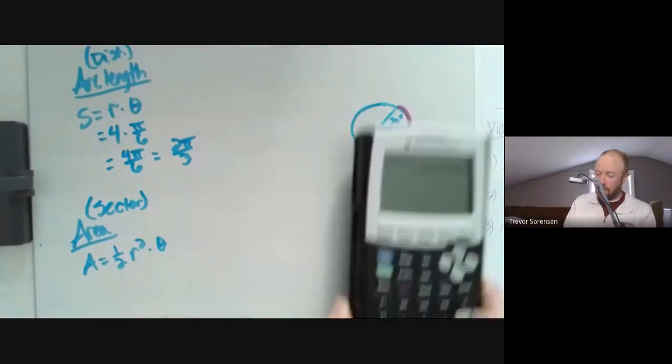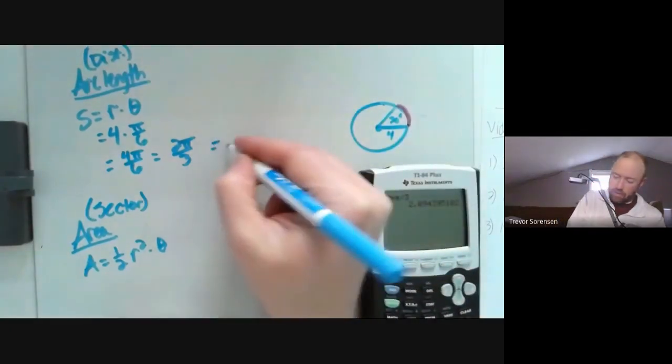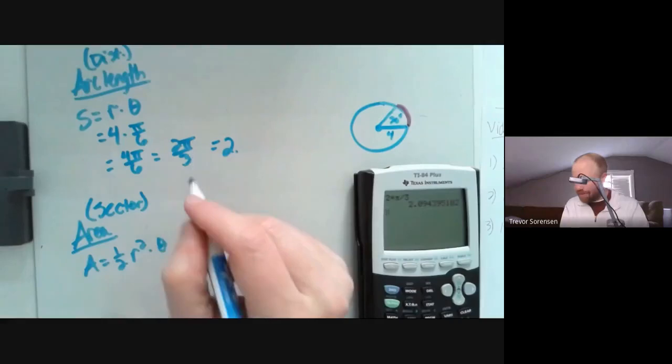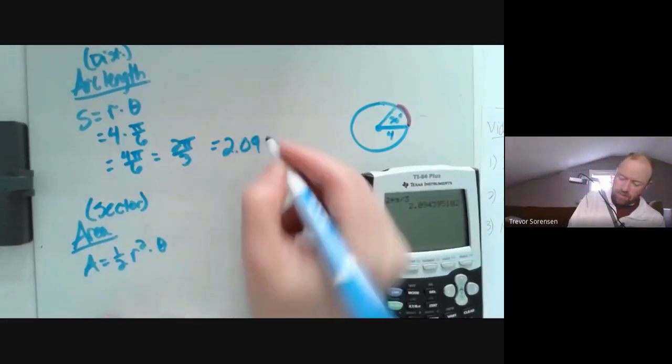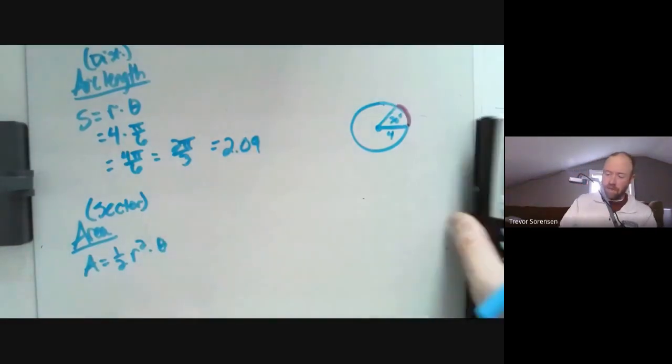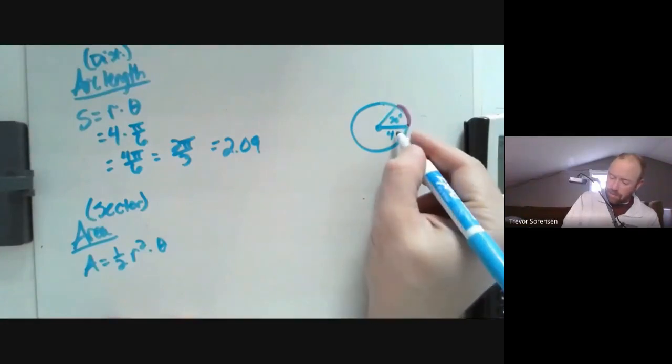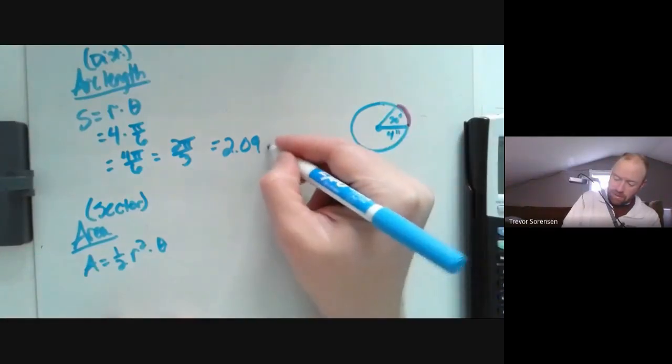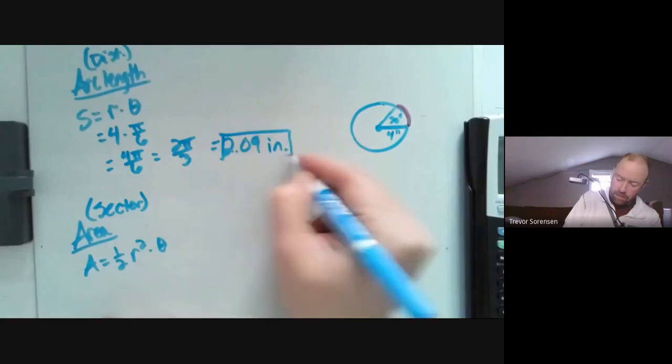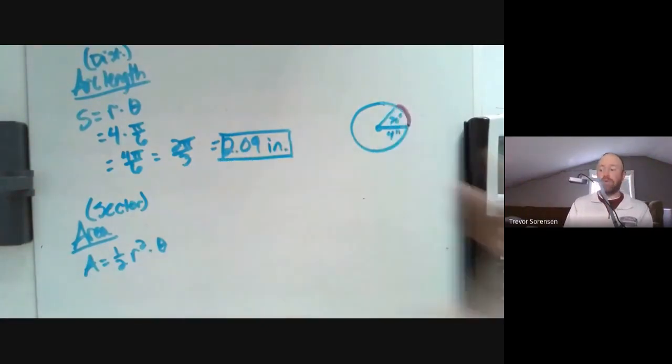And there is our answer. So I got 2.09. Final answers will round to the nearest hundredth, okay? And usually there's going to be some kind of measurement. Maybe this is inches, right? So this will be in inches. Okay, so that's our distance around that portion of the circle.